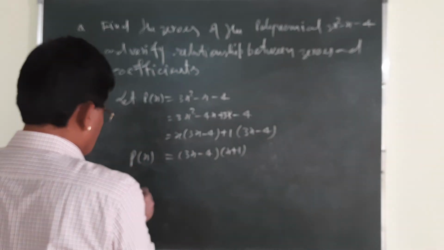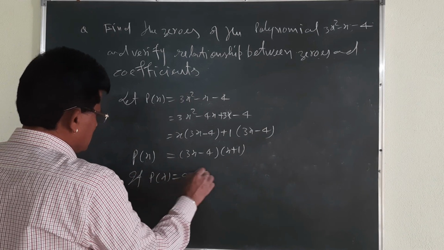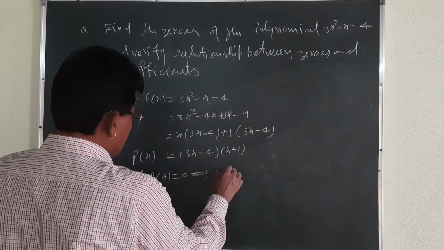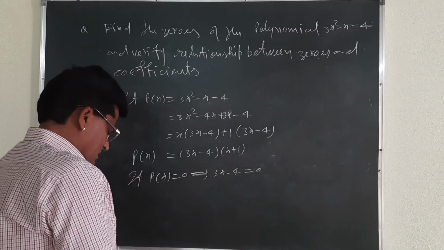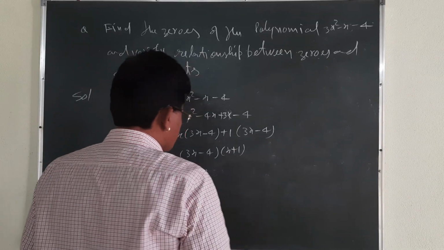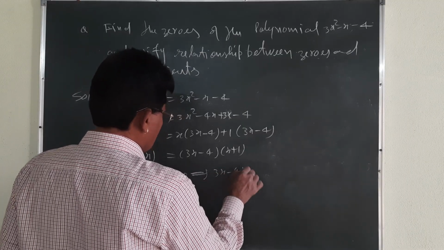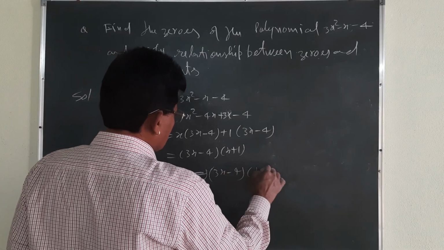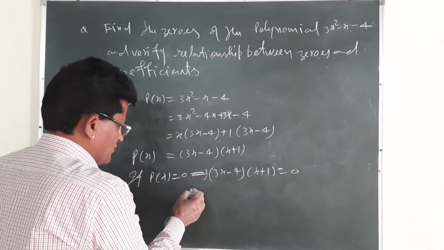If p(x) is equal to 0, then it implies that (3x minus 4)(x plus 1) will be equal to 0. Either this will be equal to 0 or this will be equal to 0.